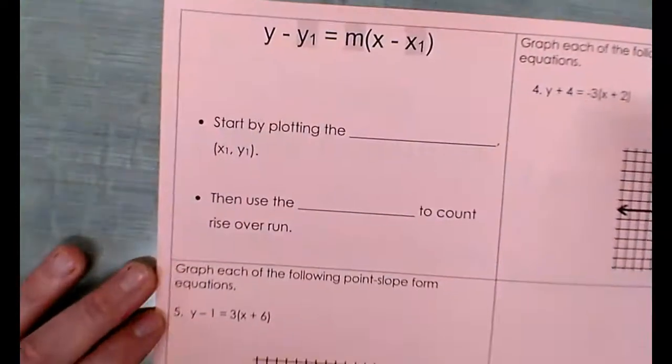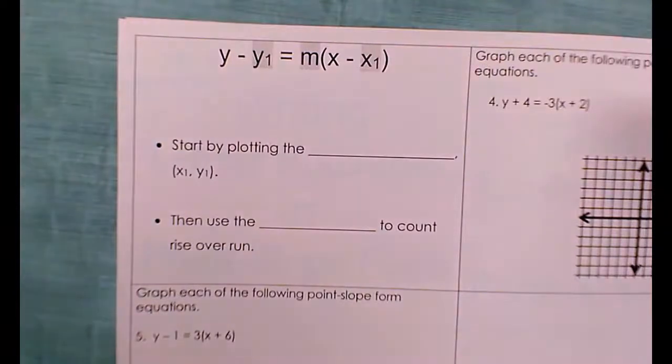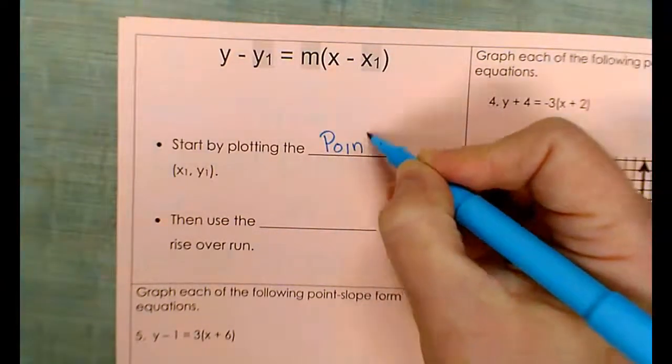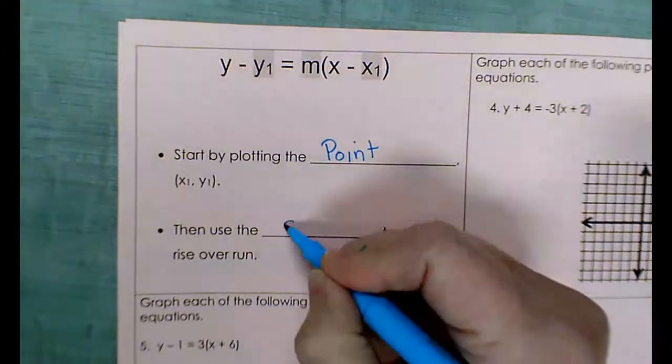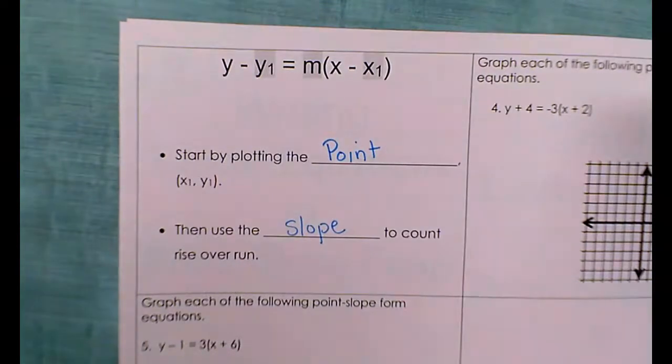Okay, if I have an equation in point slope form and I want to graph it, I could change it to y equals mx plus b form, but I don't have to. I can start by getting the point and then use the slope to count the rise over the run.